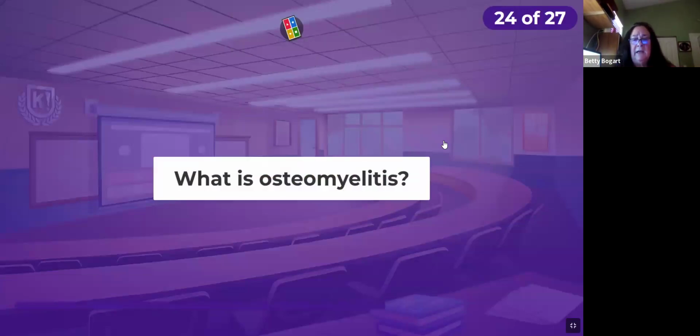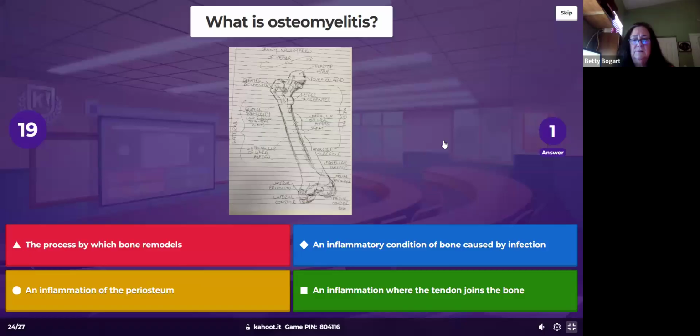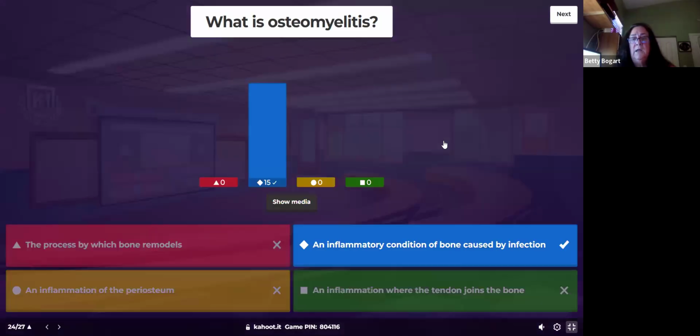What is osteomyelitis? It is an inflammatory condition of a bone and it's caused by infection.